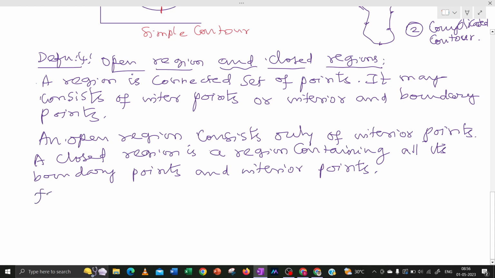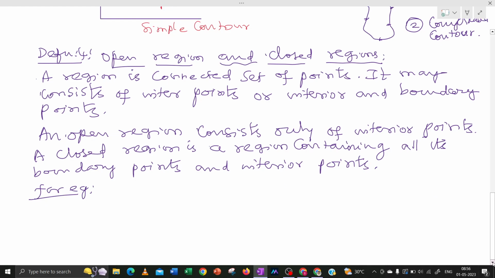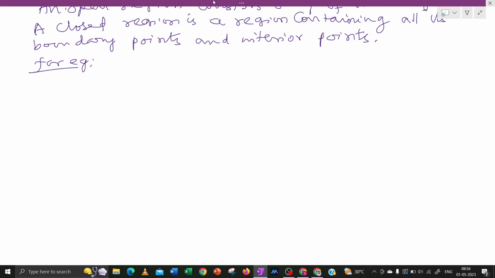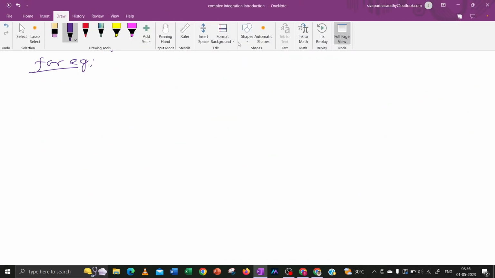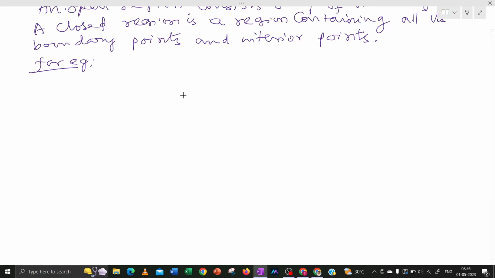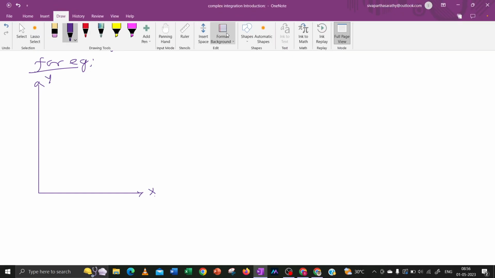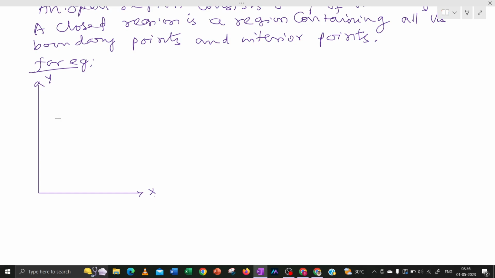See, for example, now we can draw one diagram for open region and closed region. This is the x-axis, this is the y-axis, and then inside we can draw one rectangle or square.